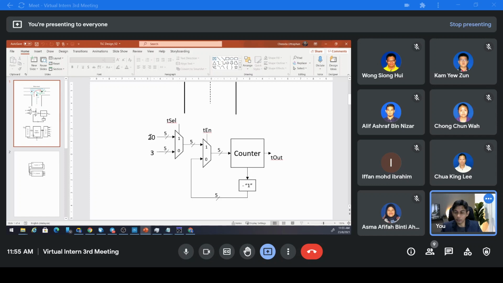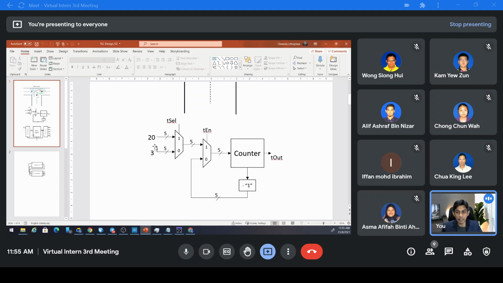This one is 20, which means we count from 20, and this one is a subtractor, minus 1. If the value inside is 20, you minus 1, so it will be 19, 18, until 0. Count down.